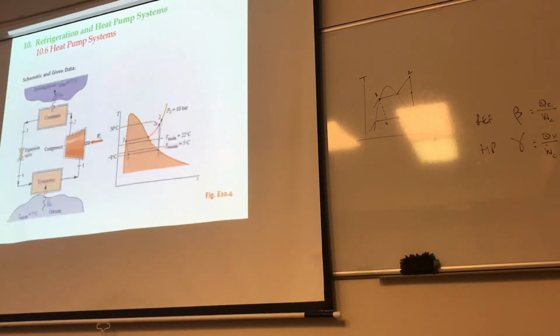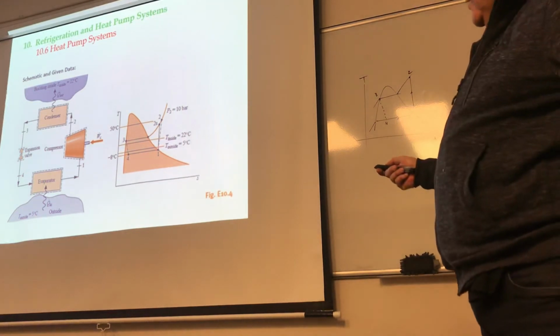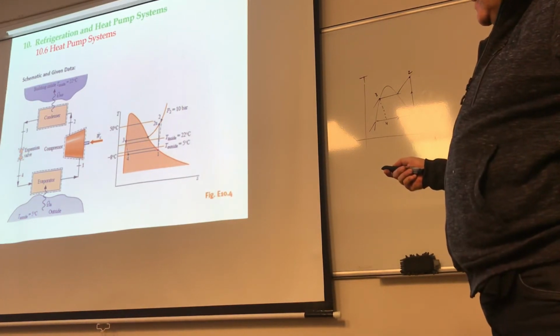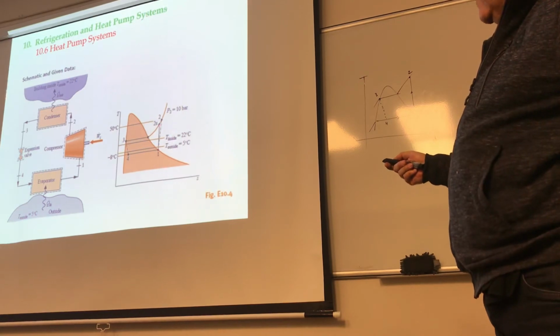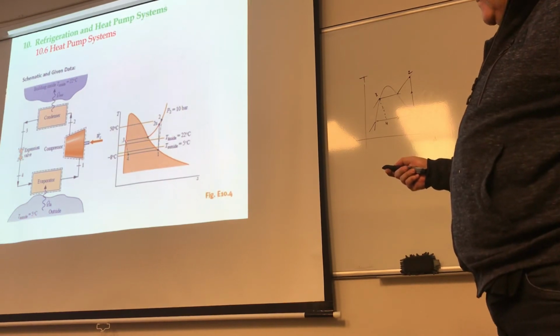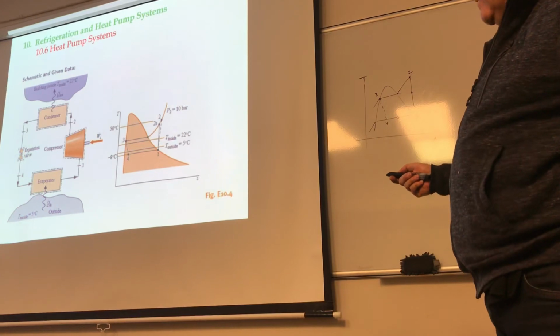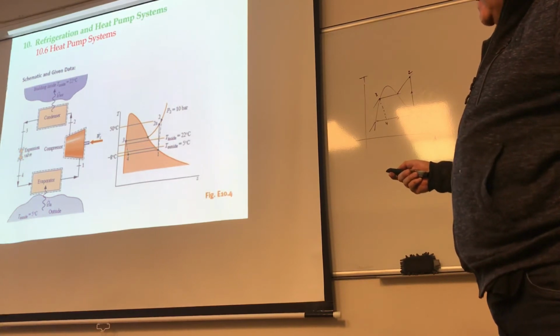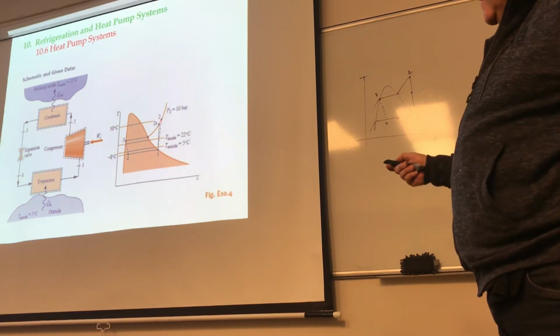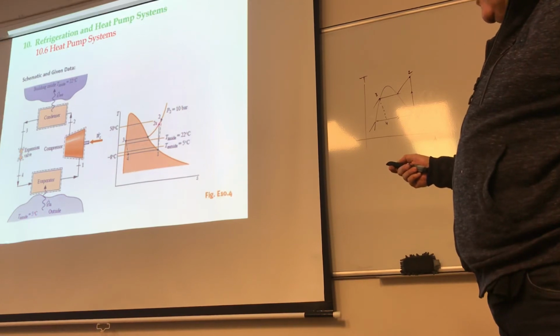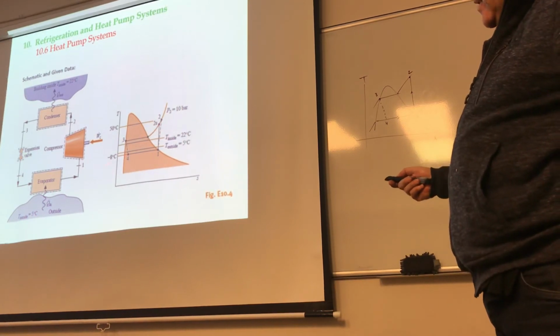So when I look at this, again, this is the type of cycle that you have. You probably can see that this is identical to the stuff where you go 1 to 2s, come back to 3, and then 4, and then 1, right? Except that when you have 2, obviously, that means there is an isentropic efficiency associated with the compressor.